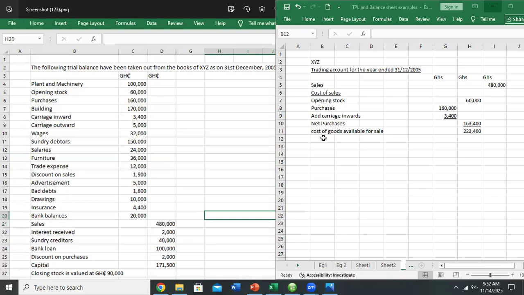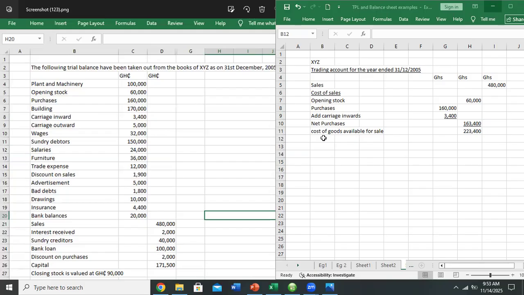He said we should less the carriage outwards from it, but that one is an operating expense, and it's part of the profit and loss account, not the trading account. Thank you. I think Bright missed that point when we were looking at the format and the items there.